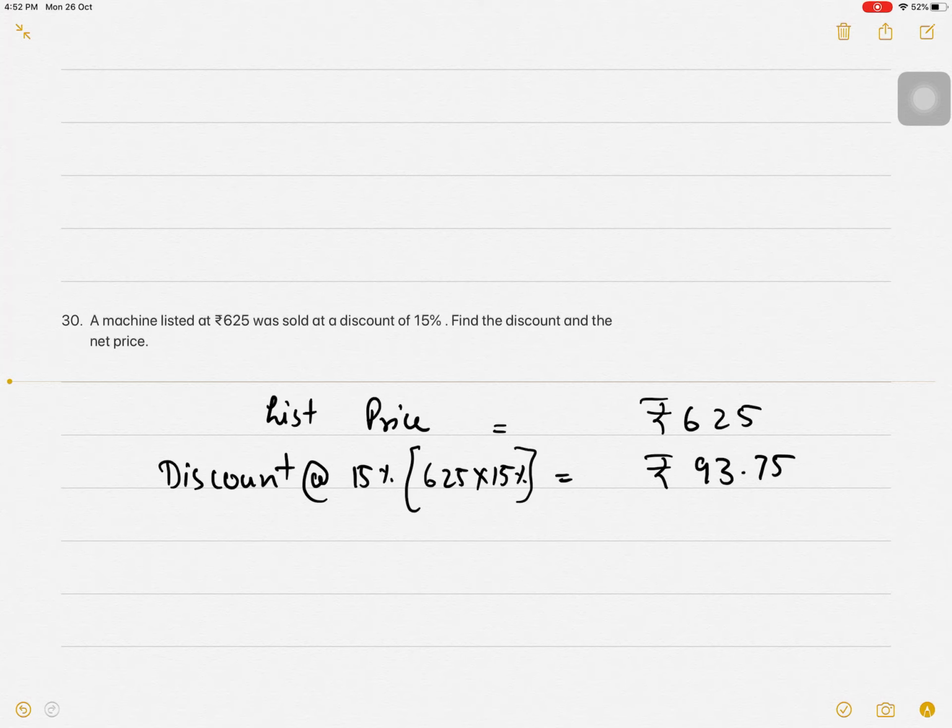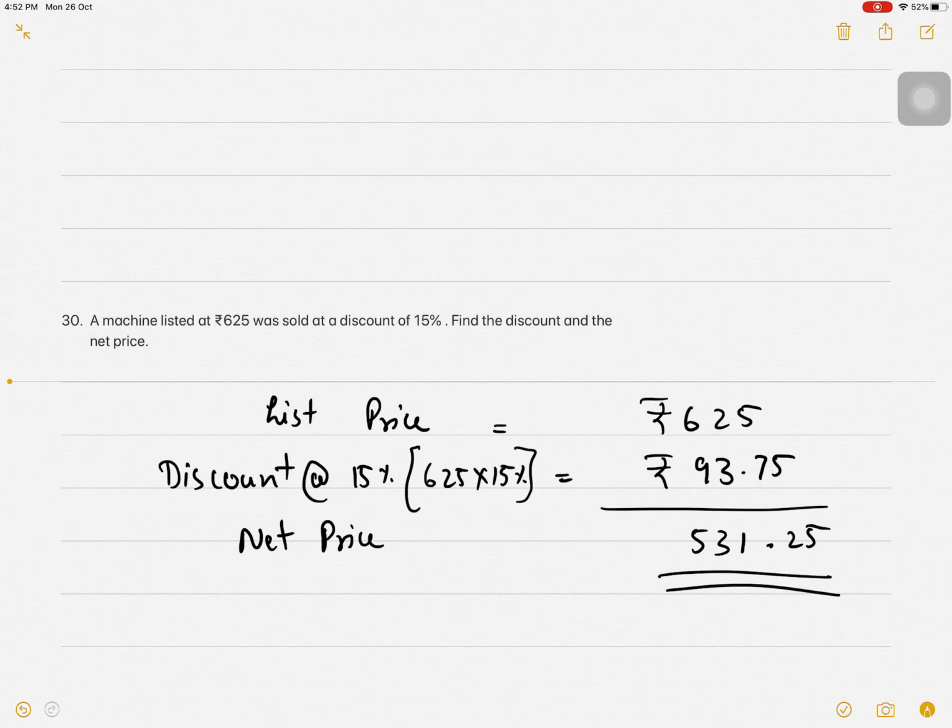rupees 93.75. Okay, so 625 minus 93.75, you will get net price. So net price will be 531.25. This is the net price.